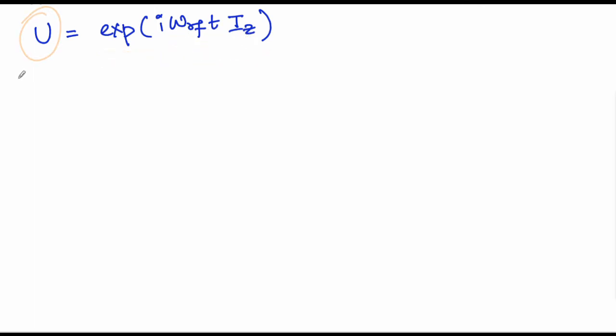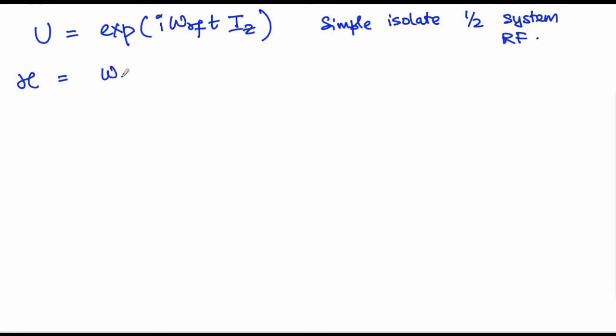If we have to find how the Hamiltonian changes, we need to first write the Hamiltonian, and we will just take it for a simple isolated one spin half system where you are also applying an RF pulse. And if you might remember, we wrote the chemical shift Hamiltonian as omega naught Iz. To be precise, it should be minus sigma times omega naught Iz, where sigma here indicates a shielding variable, but here I'm not going to introduce it for the sake of simplicity.